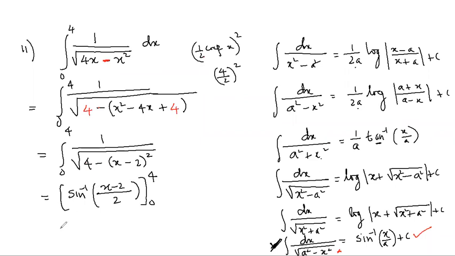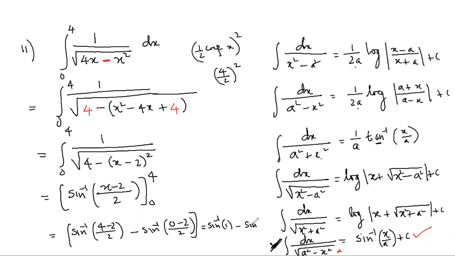Replace x by the upper limit: sine inverse of 4 minus 2 upon 2, minus sine inverse of 0 minus 2 upon 2. So that became sine inverse 1 minus sine inverse of minus 1, because 0 minus 2 by 2 will be minus 1.